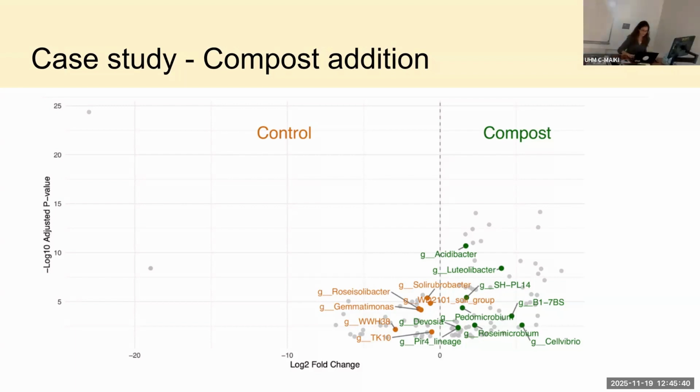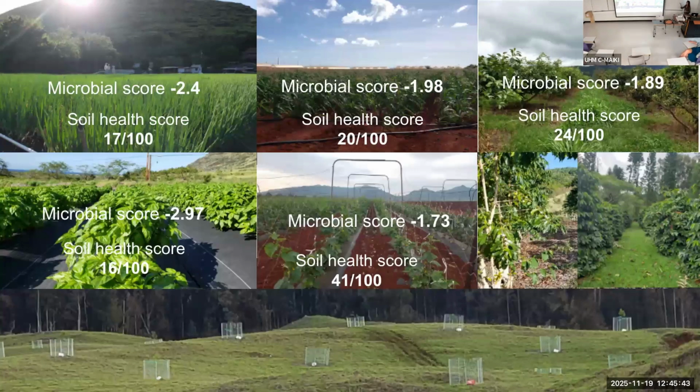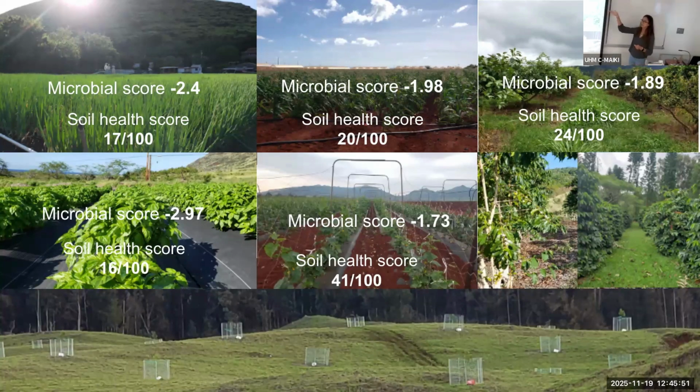So here's another example. Like Tai showed, the different farms with the different soil health scores are at the bottom. On the top, I'm showing the soil microbial health index. So this has, in our concept, low or lower soil health scores, and then we can see this negative microbial score.